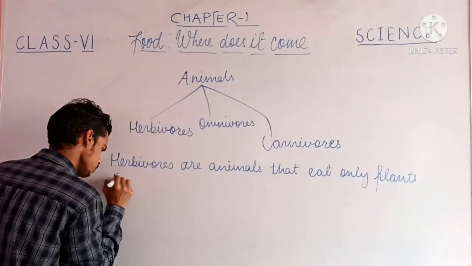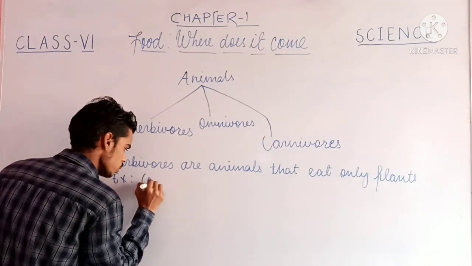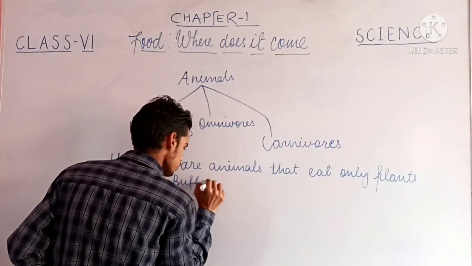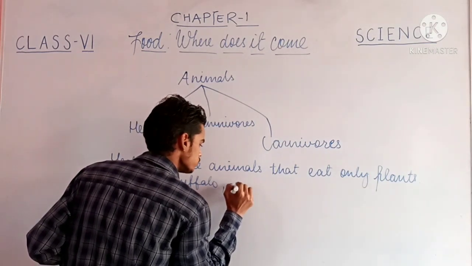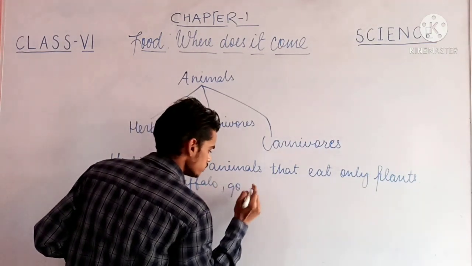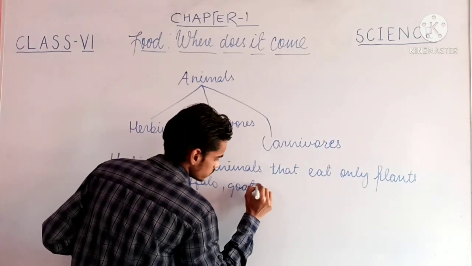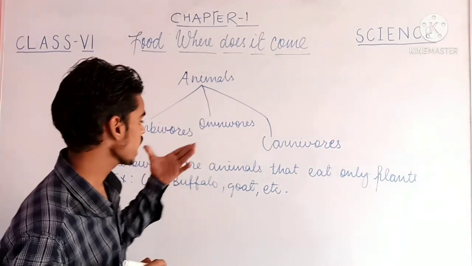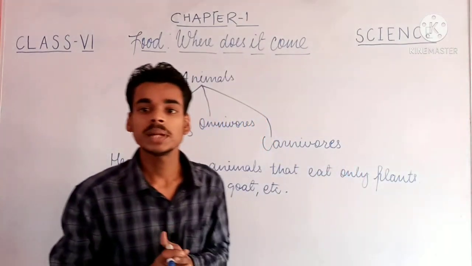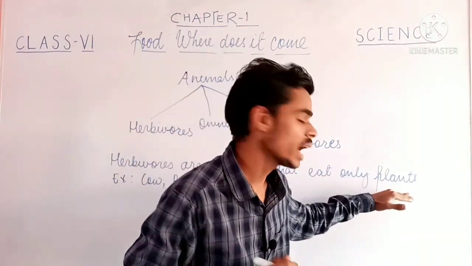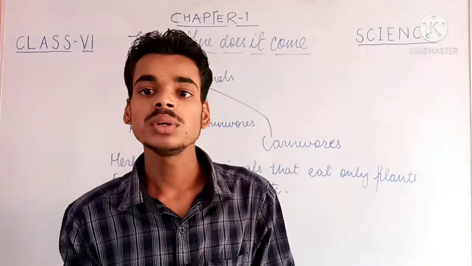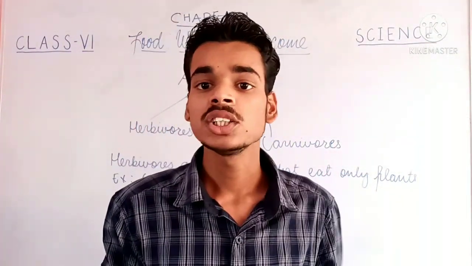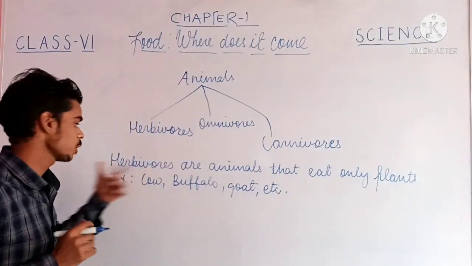Examples: cow, buffalo, goat, etc. They eat only plants. You have seen the cow eating grass, and goats, they all eat plants. So these are examples of herbivores.